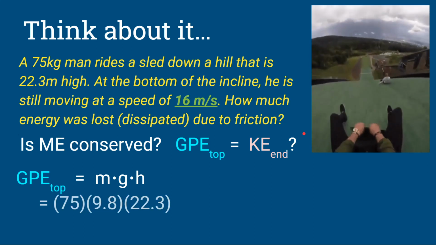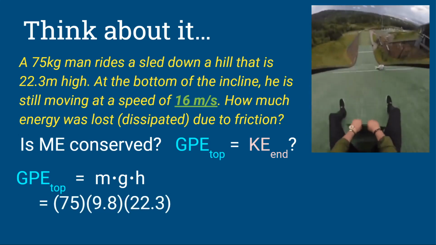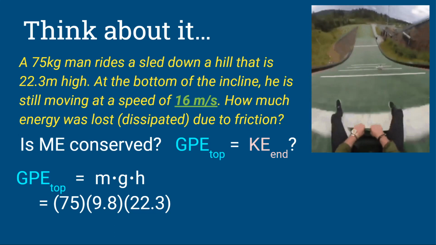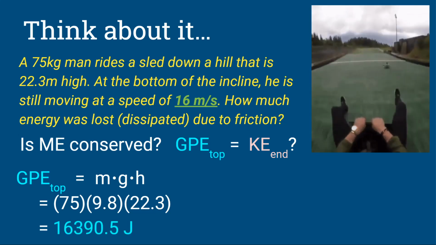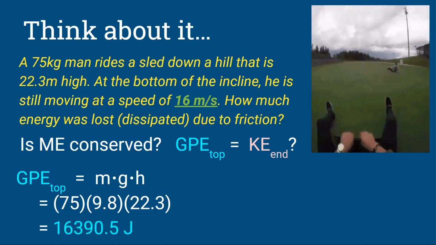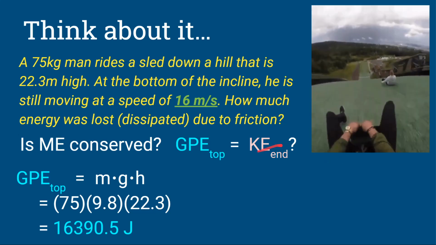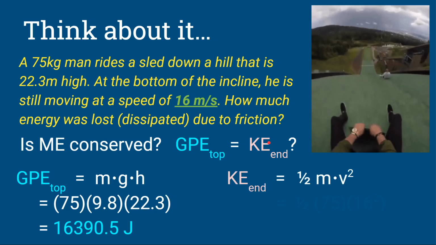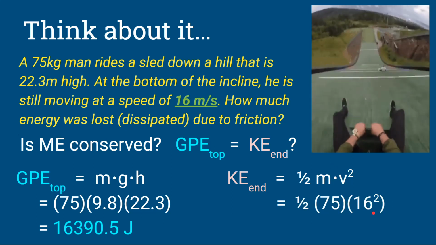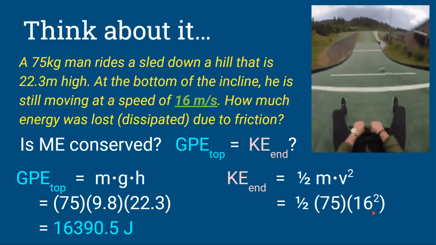Okay, his gravitational potential energy at the top, again mgh, is 16,390.5 joules. And I can look and see, is that equal to the kinetic energy at the end? Given that he's moving 16 meters per second, I already know the answer, but let's go ahead and see what we get.